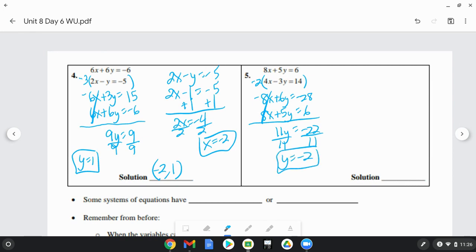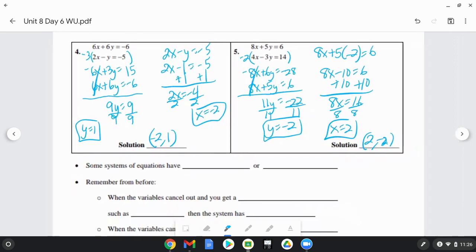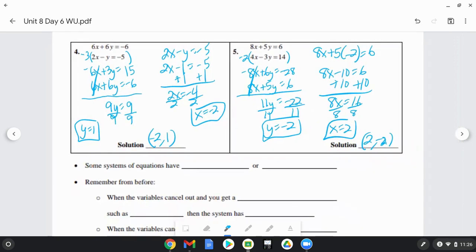So that's only half my answer. And then I got to plug in that answer for y. So I would get 8x minus 10 equals 6. Add the 10 over, and I'd get 8x equals 16, divide by 8, and x equals 2. So then my answer is 2, -2 for that one. And that would take care of the ones where you only have to multiply by one number.